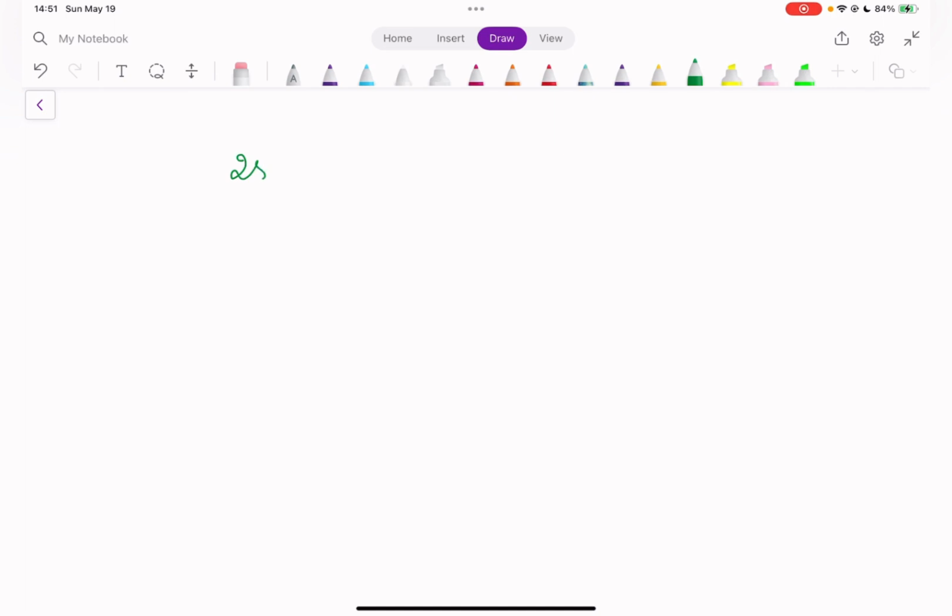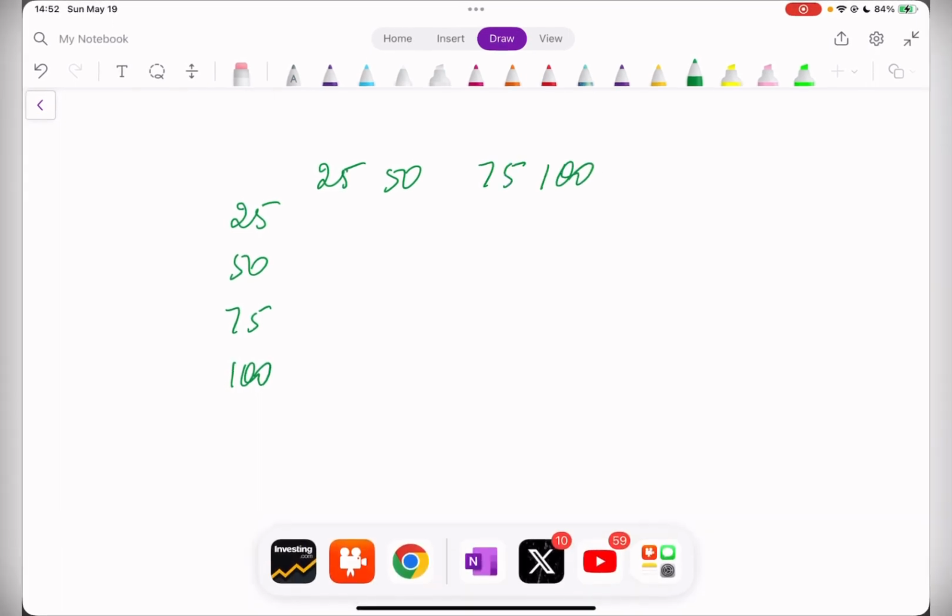And here demand is going to be 25, 50, 75, 100. All right.